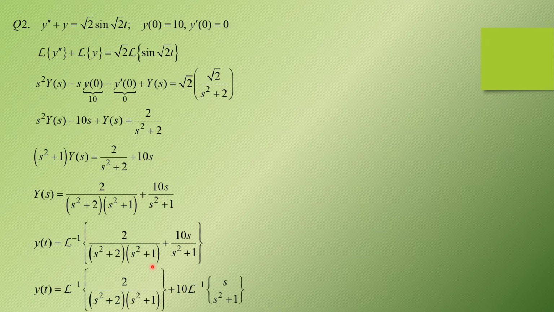Firstly, we can use the linearity of the inverse Laplace transform. You can split this into two inverse transform problems, so you get the inverse of the first term plus the inverse of the second term. For the second term, I have factored out the number 10, leaving s inside. 10 times s gives back 10s.